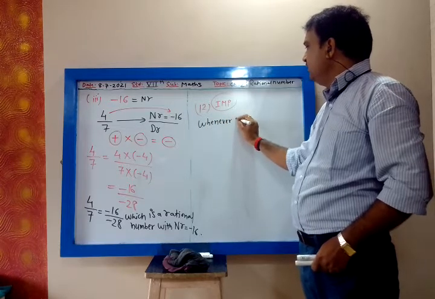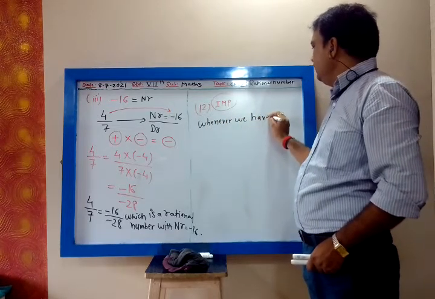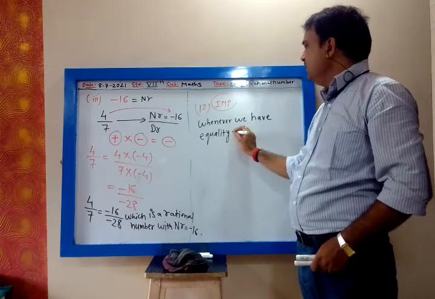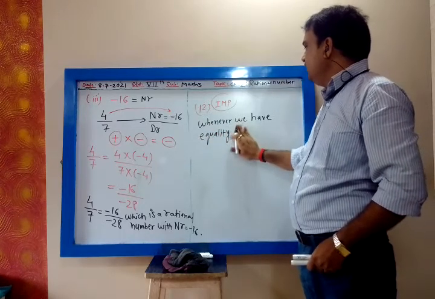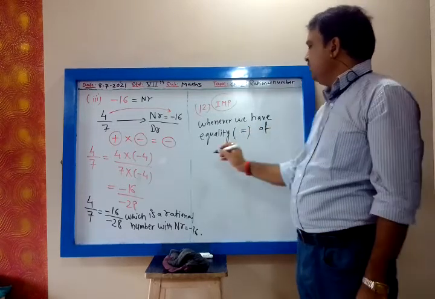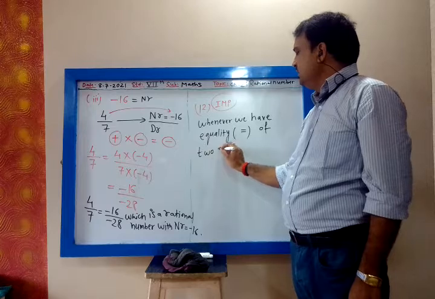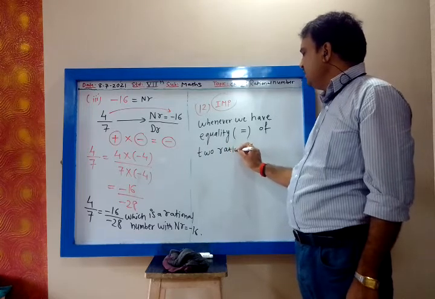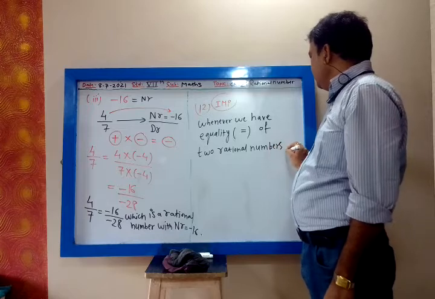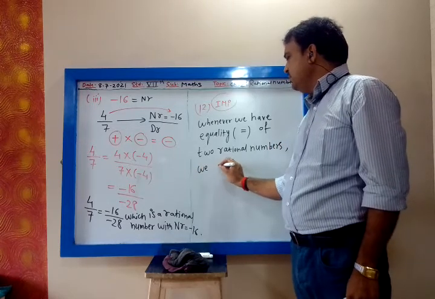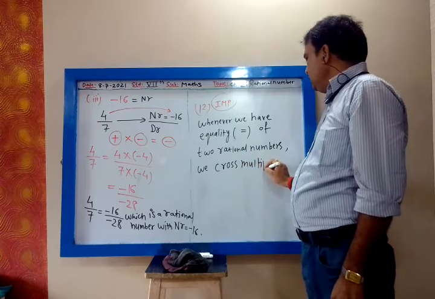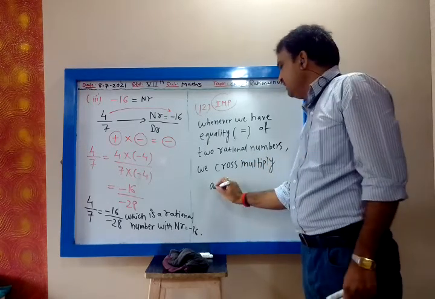Whenever we have equality, meaning the equal to sign, of two rational numbers, we cross multiply and simplify.